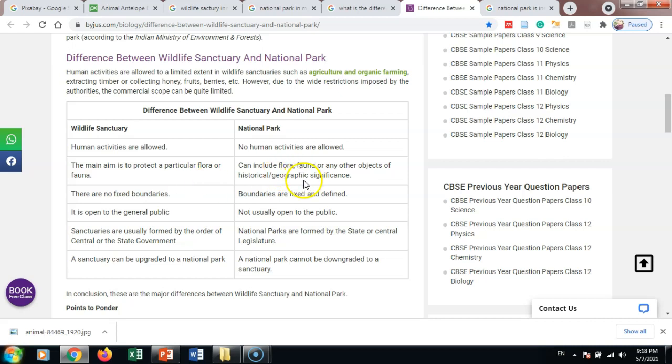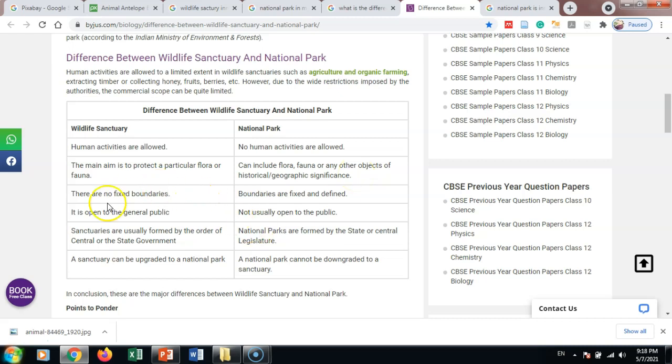A national park can include flora, fauna, or any other objects of historical or geographic significance. So a national park is not limited to flora and fauna, it also includes historical and geographic significance.